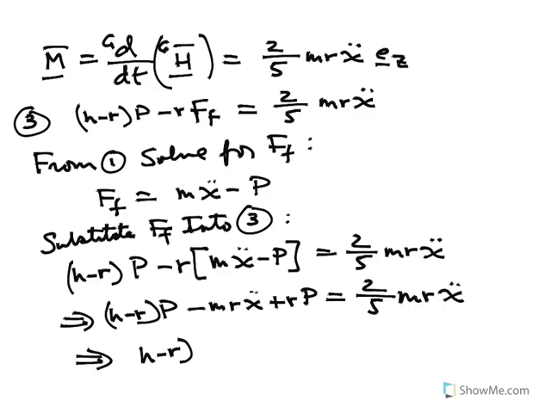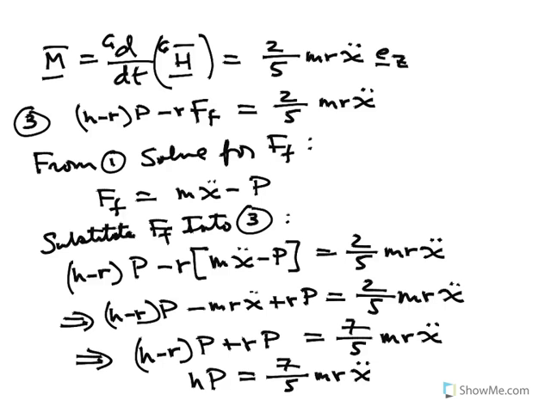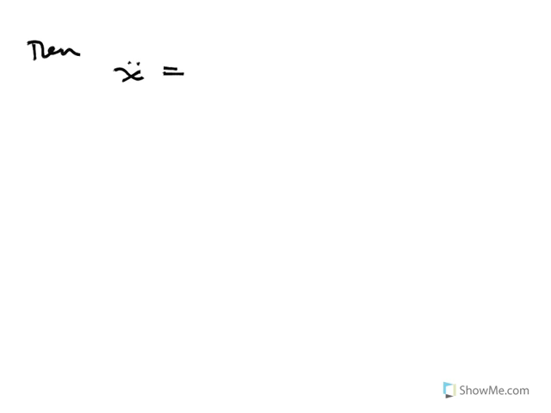We get h minus r times p plus r times p equals 7/5 mr x double dot. And you can see the minus rp plus rp cancel out, which gives h times p equals 7/5 mr x double dot. We can rearrange this and solve for x double dot. So x double dot is equal to 5hp all divided by 7mr.